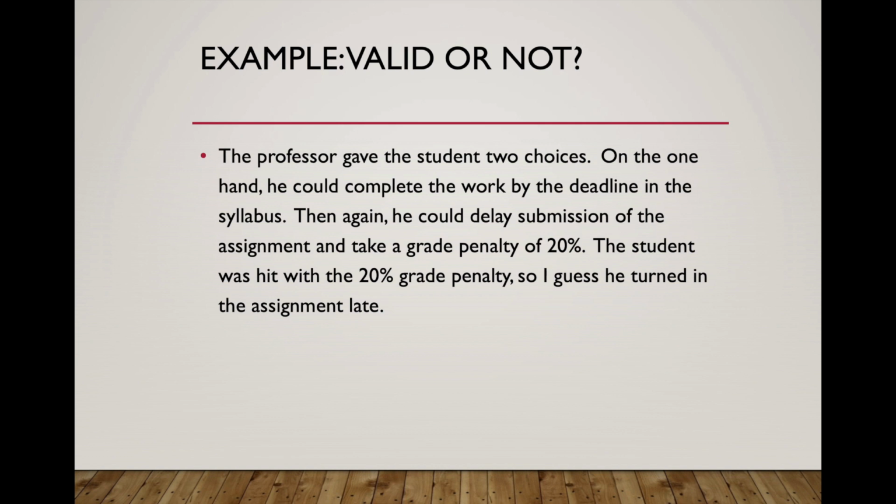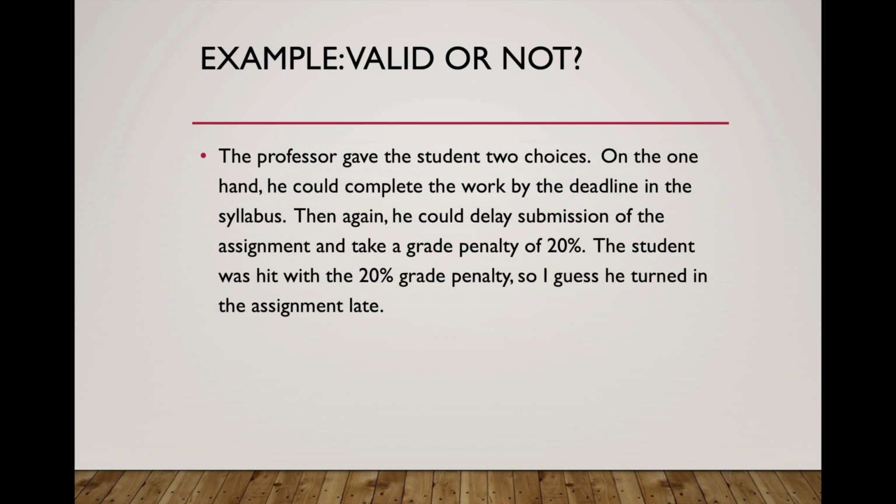In this case, however, the second premise is the student was hit with a 20% grade penalty. That affirms the second disjunct, and this is an invalid disjunctive argument because the second premise affirms the second disjunct.